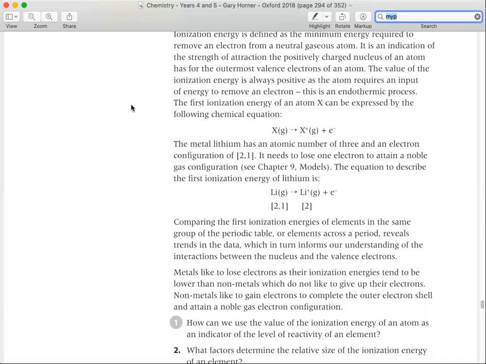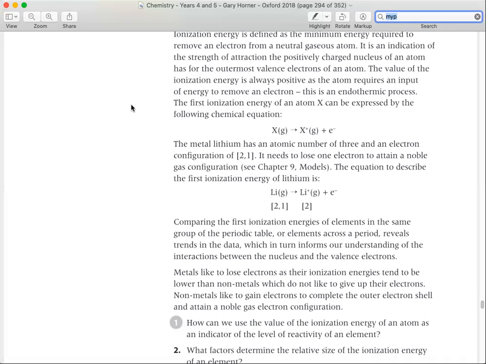Now it is a very simple logic. The electron which you are removing is under the force of the nucleus, because in an atom electrons are held by the nucleus. Nucleus has a positive charge, so there is attraction. If you want to remove an electron, you have to overcome that attraction. That means you have to give energy.